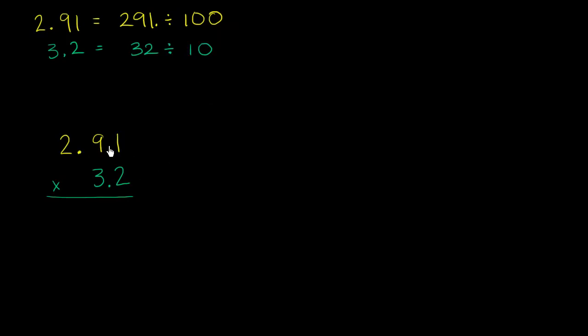Well, I could rewrite 2.91 times 3.2 as, instead of 2.91, 291 divided by 100, and then times, instead of 3.2, 32 divided by 10.